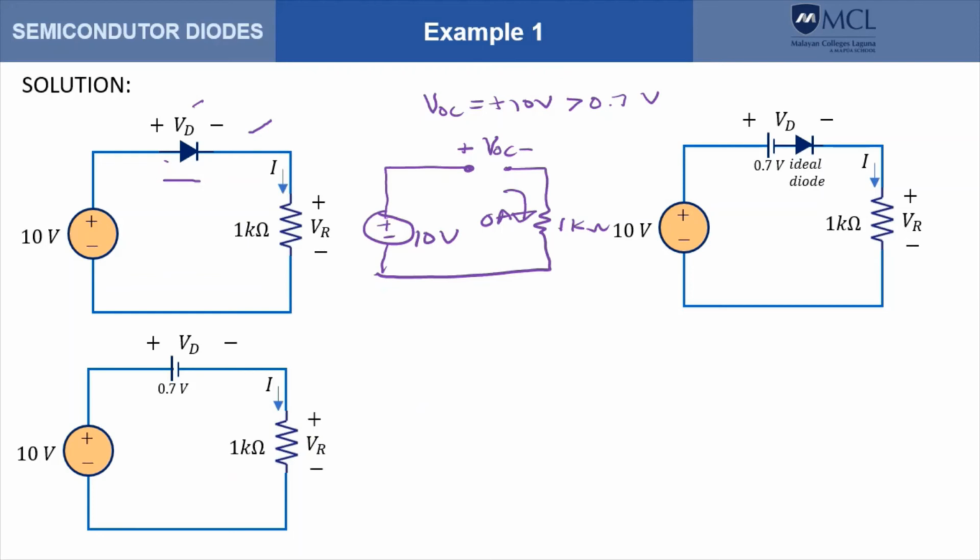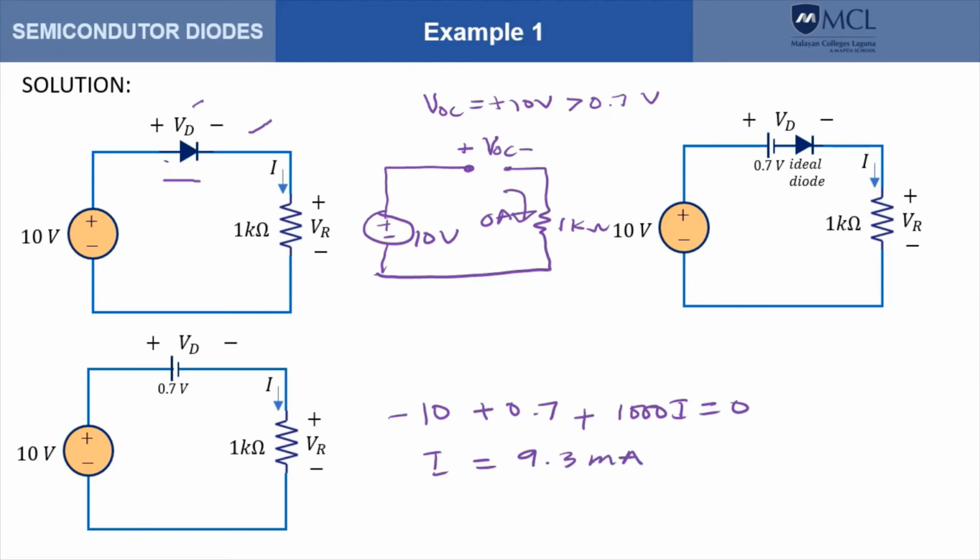From here we can perform another KVL so that we can solve for I. That would be minus 10 plus 0.7 plus 1000 I equals 0, and that should give us 9.3 milliamps.